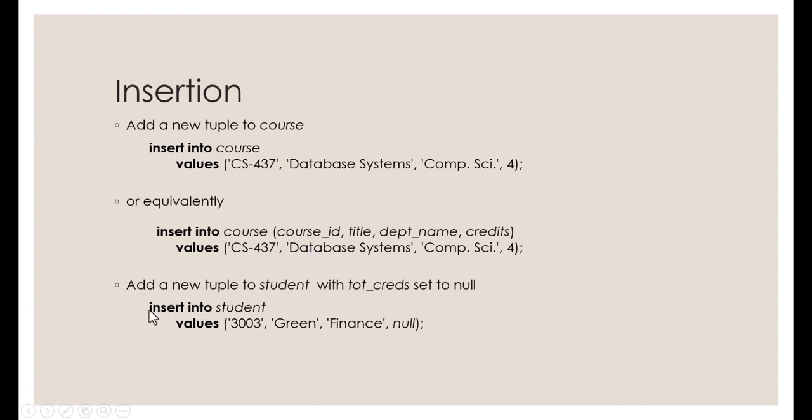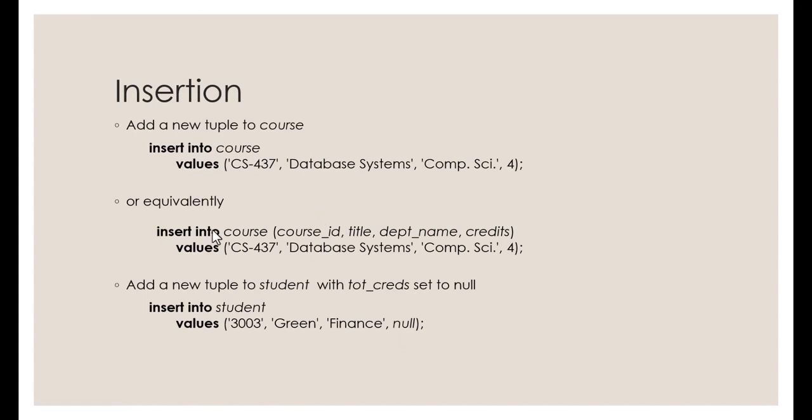We can also add a new tuple to student with total credits set to null. So some of these attributes can be null. For example here, I guess this course doesn't really have the total number of credits, so it's going to be null because this value is unknown. Sometimes certain attributes you cannot have null.